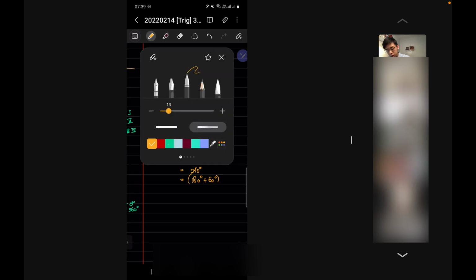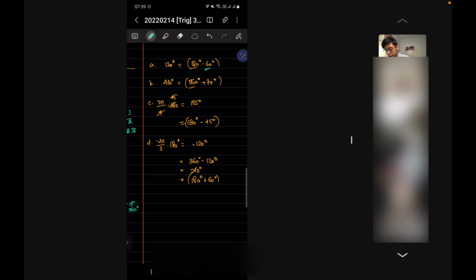Okay, and as you can see, let's match what I have made here with the one in the book. So A, 120 degrees is anticlockwise rotation, acute angle with x-axis 60 degrees, right? And then number B, acute angle made with x-axis 70 degrees.